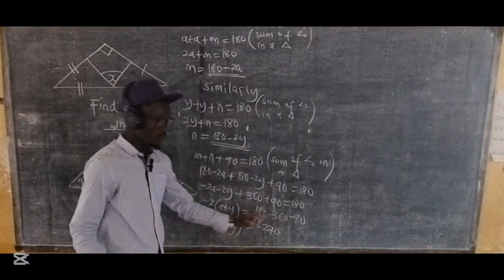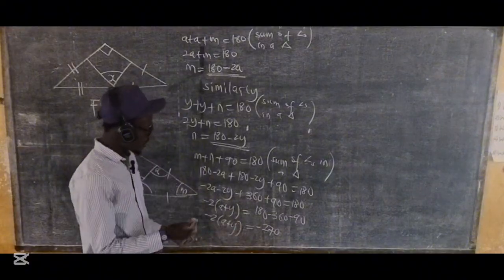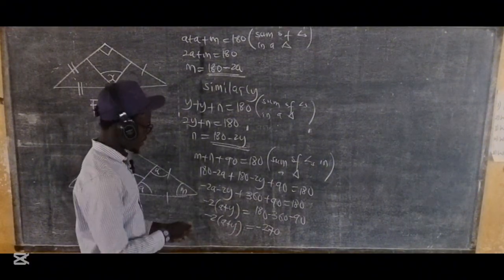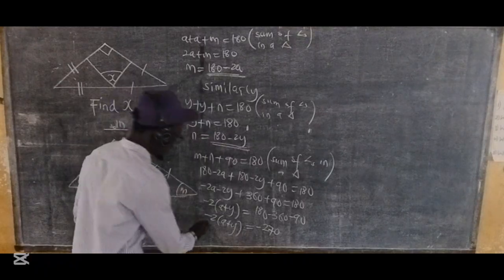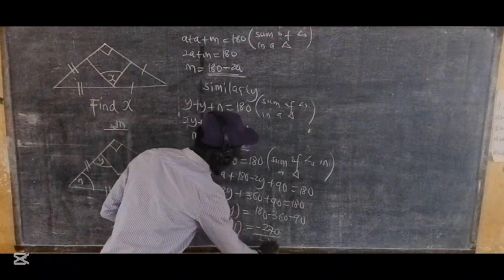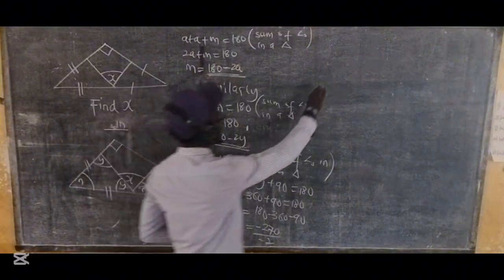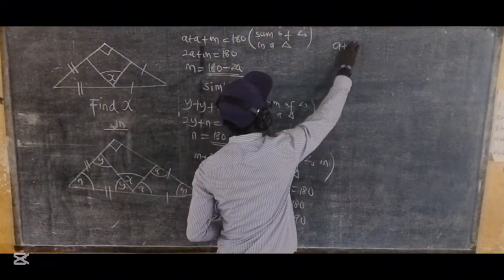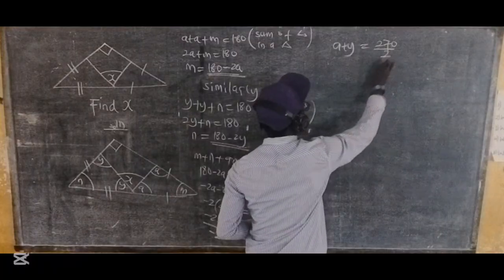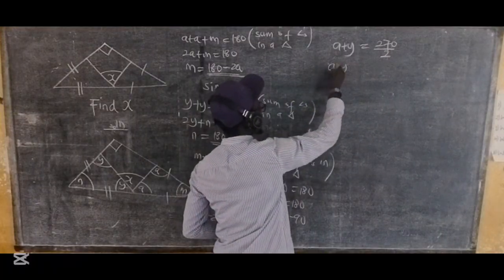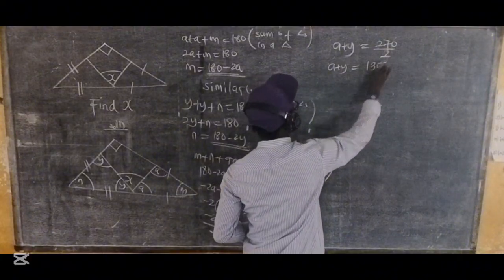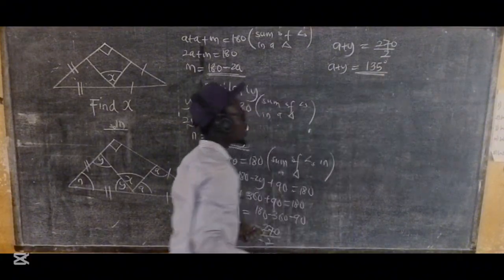Just use your calculator to calculate this. Now I want to find the value of A plus Y. We divide both sides by minus 2. Then the value of A plus Y equals 270 divided by 2, which becomes 135 degrees. So this is the value of A plus Y.